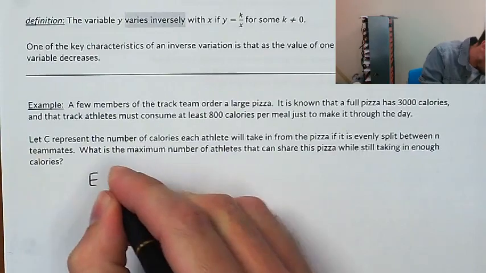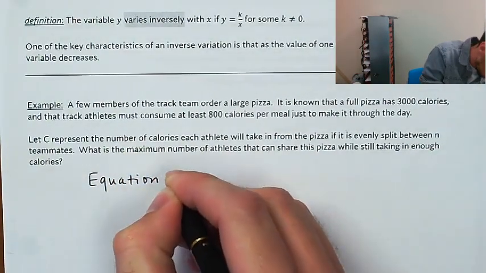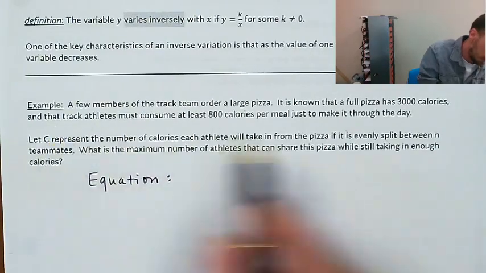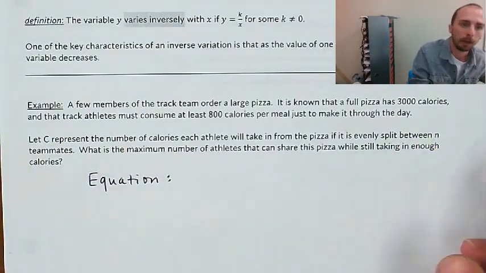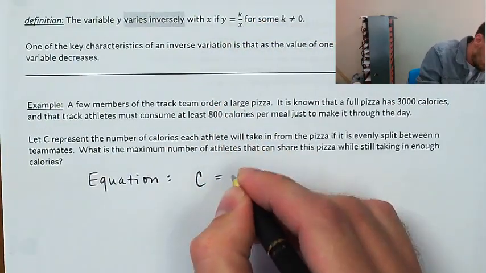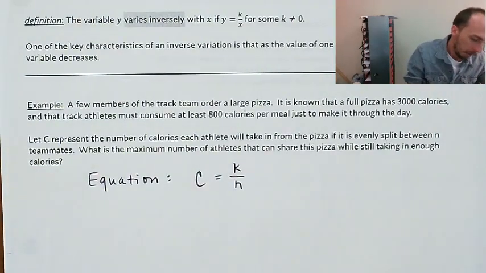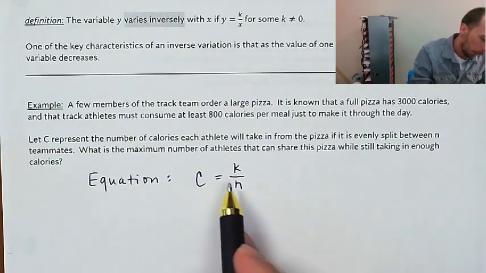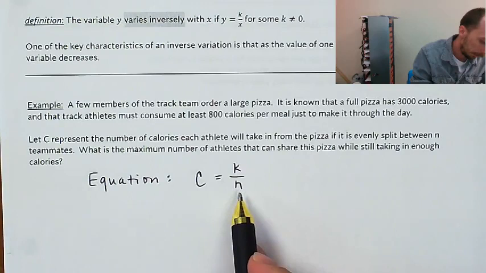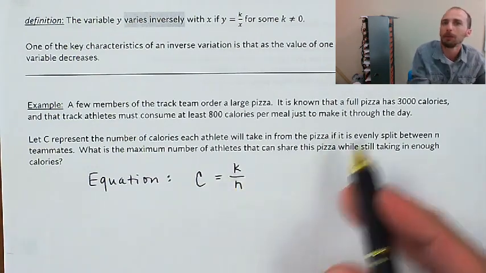Okay, so our inverse variation equation is going to be C versus N. Okay, so C is equal to some number divided by N. C equals K divided by N. Okay, let's see. Well, I guess the number is going to be 3,000.